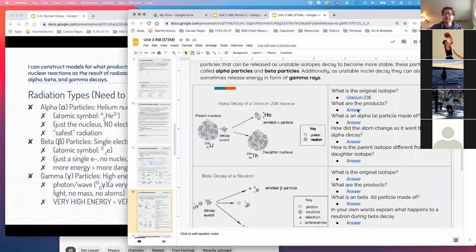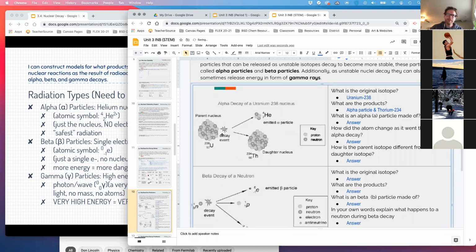So the products here is that alpha particle right here, and thorium-234. So basically this unstable radioisotope, aka parent isotope, turned into an alpha particle and thorium-234. What is an alpha particle made of? It's made out of a helium nucleus.